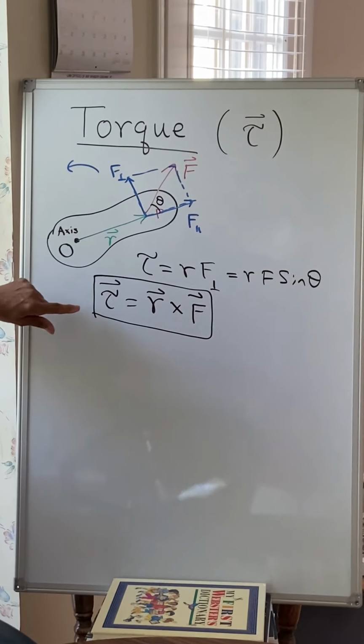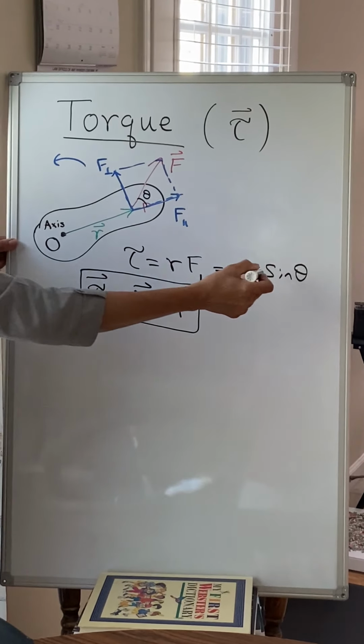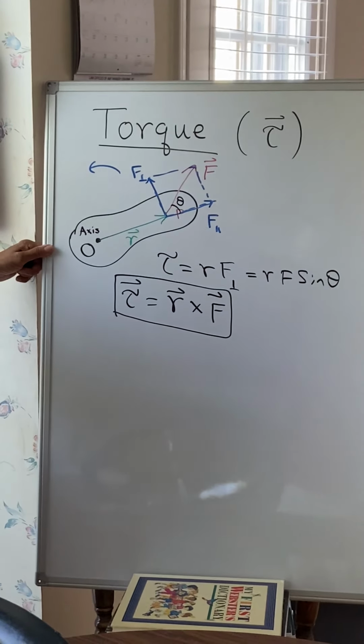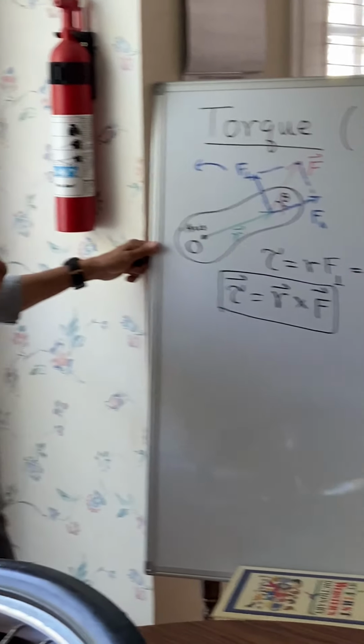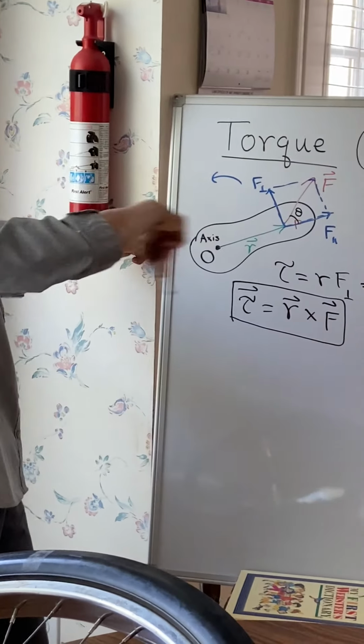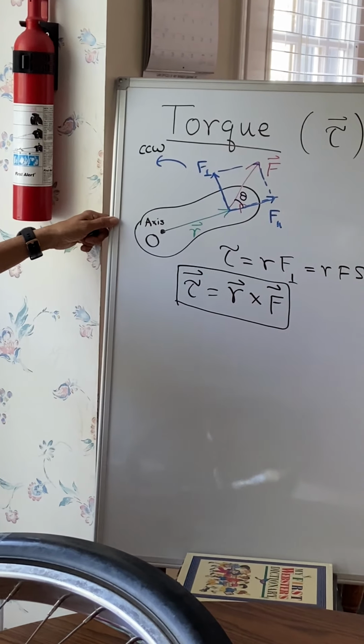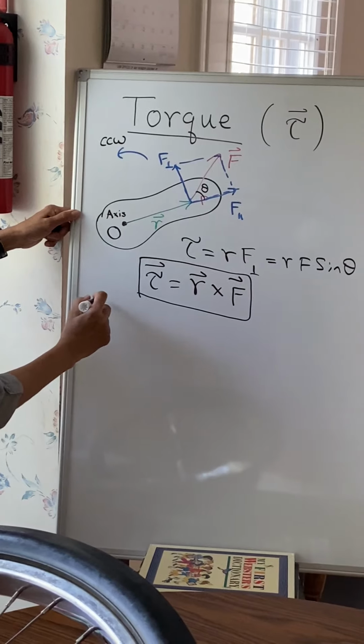So the magnitude of the torque is the magnitude of R, times the magnitude of force, times sine of the angle between them. And also, if you think of the direction here, you could say it's going to make it rotate in the counterclockwise direction, so it's a counterclockwise torque. But a better way is to use the right-hand rule.